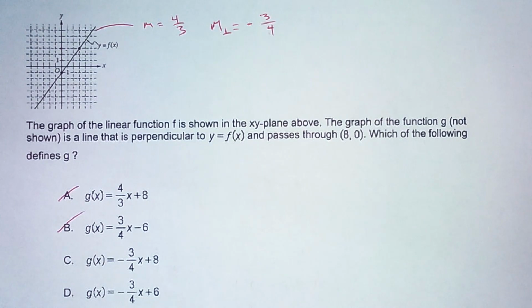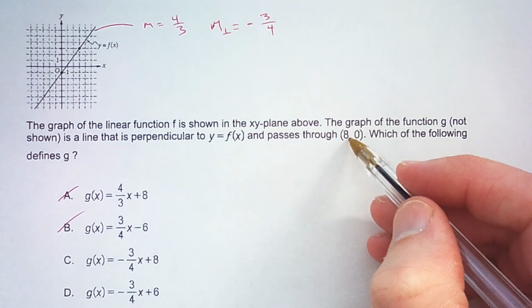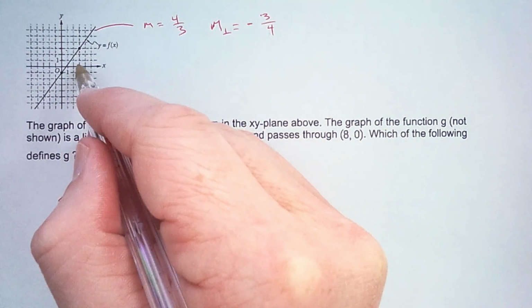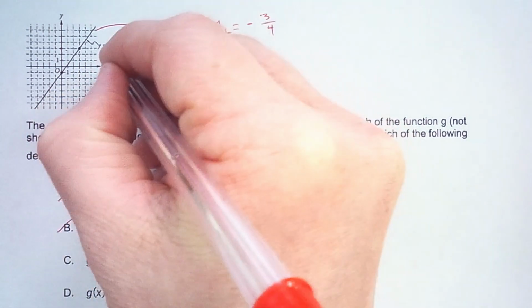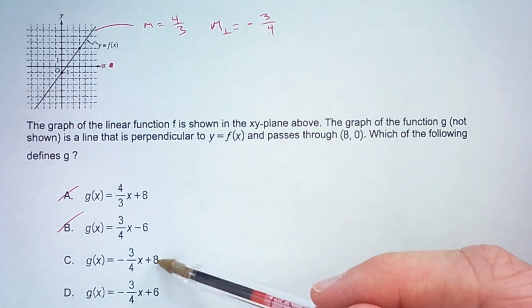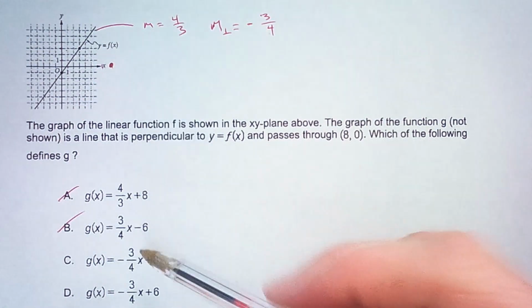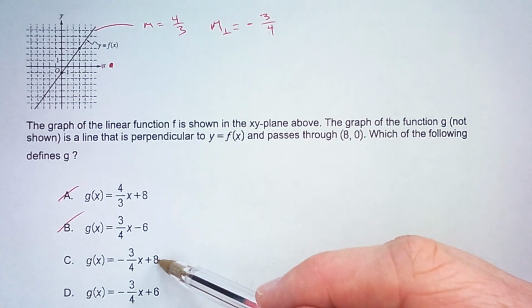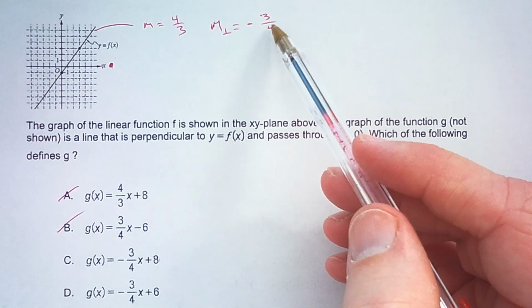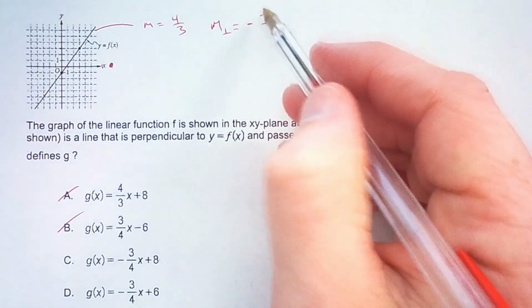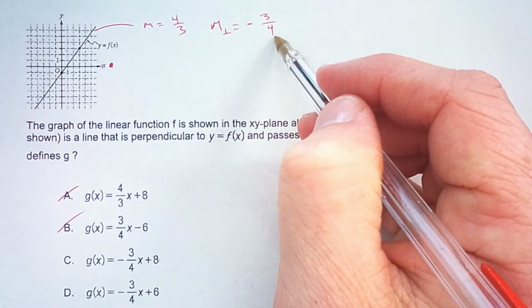And it's going to pass through (8, 0). So 8, 0: 1, 2, 3, 4, 5, 6, 7, 8, and 0 is right here. Now this right here is the y-intercept, and this is the x-intercept. So I don't know for sure that this is correct, but I can follow this slope to find the y-intercept. It's down and right or up and left for a negative slope.